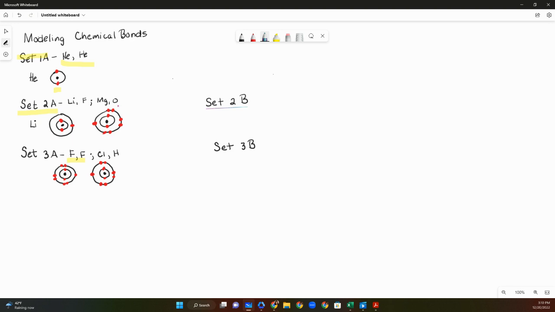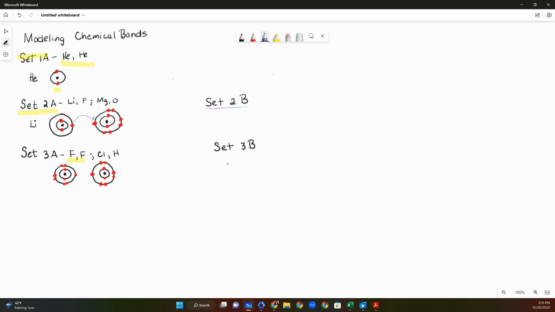Magnesium and oxygen also form an ionic bond because you have that combination of a metal and a non-metal. So in the case of the lithium and fluorine, you see this electron right here in the second energy level is transferred right here to the fluorine. So lithium is losing 1 electron, fluorine is gaining 1.